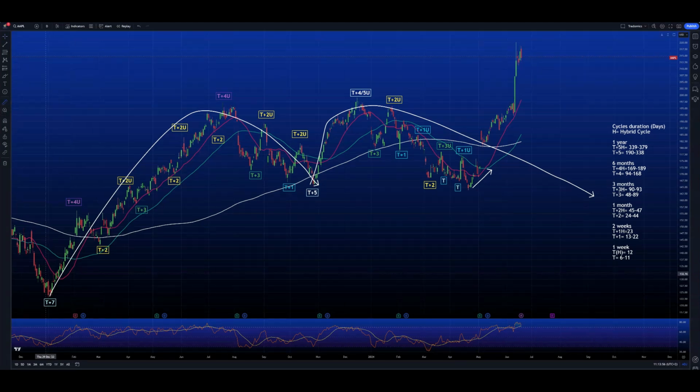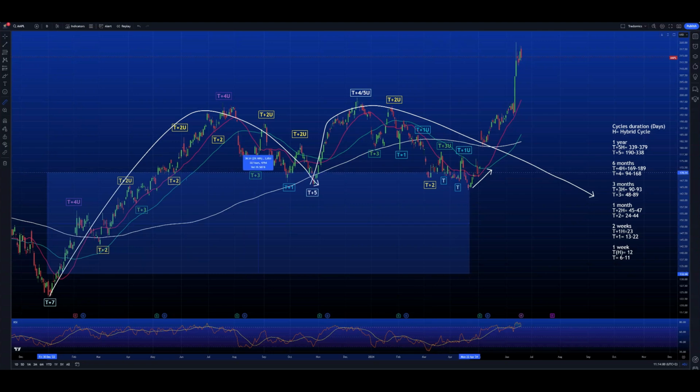But what is interesting, of course, for some of you that might be more familiar with this technique, is that at this particular point in time, so on the 18th of April 2024, we had 5% probability to start a new T+5.